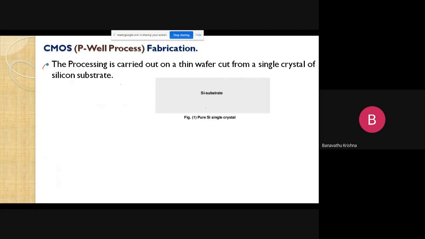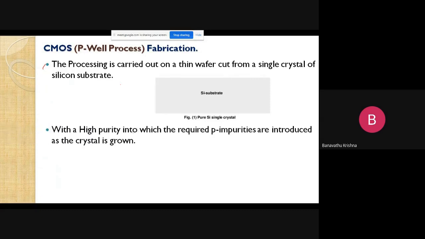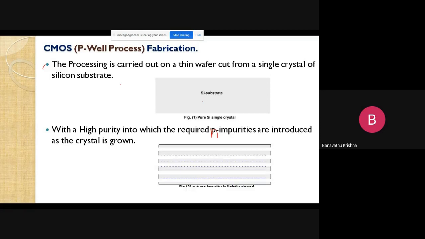I want to take it here to form the CMOS in a P-well. Now, with a high purity into which the required N impurities are introduced as the crystal is grown, the concentration of the N-type substrate is improved. So this is the N-type silicon substrate with high purity N-type material.